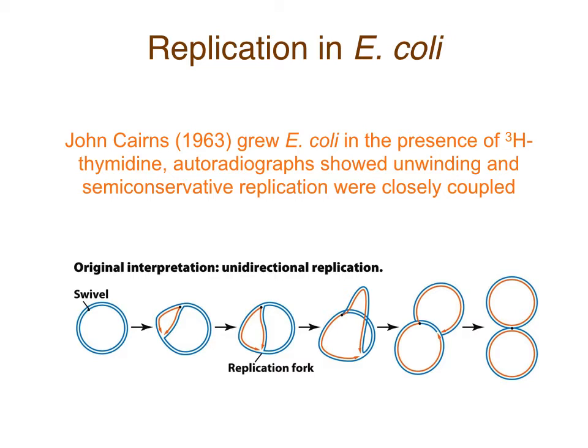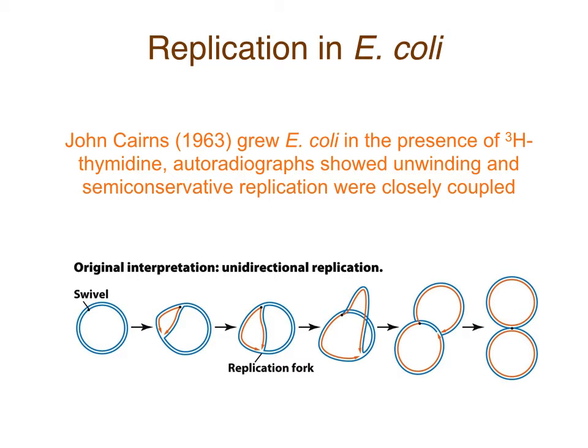And he did that so that it's radioactive, and so that he could then expose it to autoradiographs, and he could see the new DNA strands grow in sort of real time by varying the periods of time that he lets them grow.